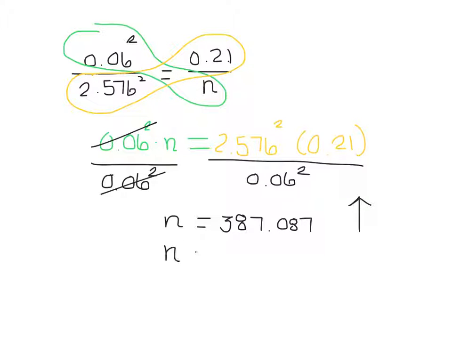So we would need to sample, in this case, 388 people to ensure that if p is near 0.3, we would have a sampling error of 0.06 or less.